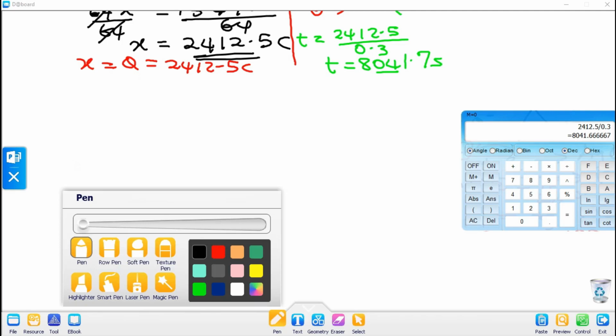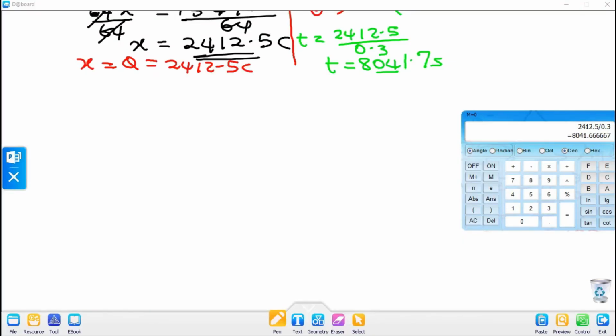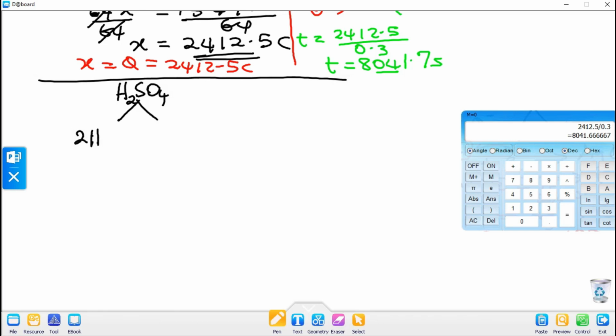So we have 0.05 moles of electrons passed, and our acid is sulfuric acid. When we have sulfuric acid being electrolyzed, it's going to split this way.